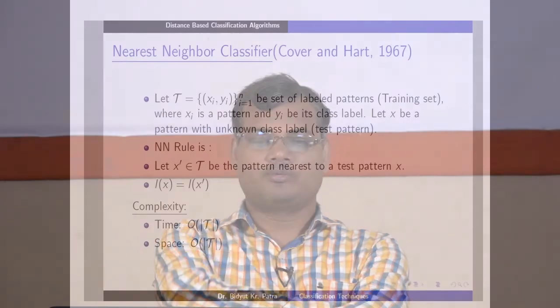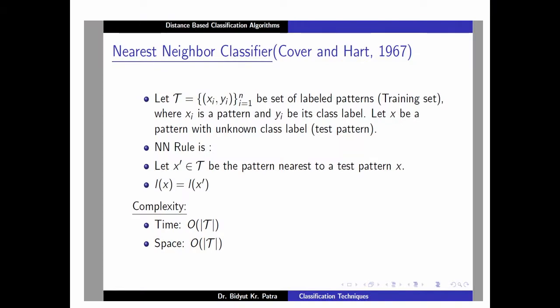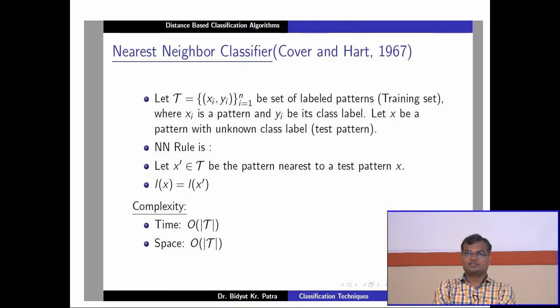Next we talk about the distance based classification algorithms. Earlier we talked about the decision tree. In case of distance based algorithms, the basic notion is that between two objects we should be able to compute the distance.